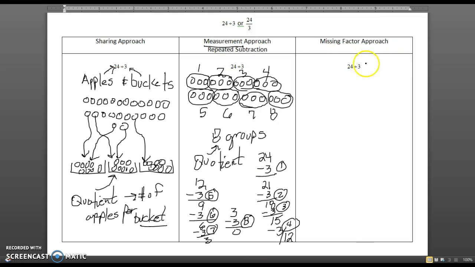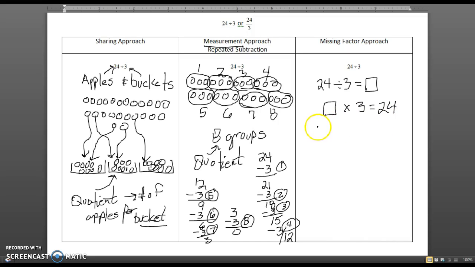All right, so finally, the missing factor approach is using multiplication to complete a division problem. And factor is one of the parts of a multiplication problem, so that's where the name of this comes from. So essentially I say, hey, I want to know what 24 divided by 3 is. That is the same question as saying what times 3 is 24.